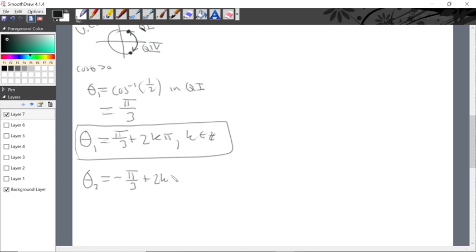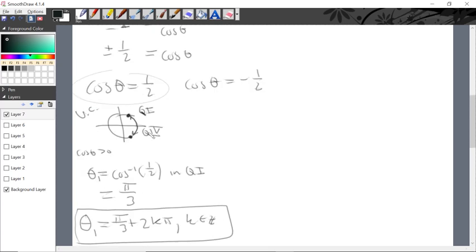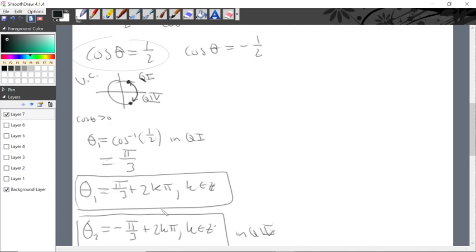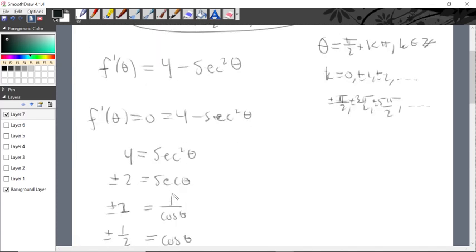And then if we add 2k pi to that, we get all other quadrant 4 solutions. So here are our quadrant 4 solutions. This would be the set of all the solutions to the equation cosine theta is equal to 1/2. Therefore, at all of these values of theta, an infinite amount of values, the derivative would have equaled 0.